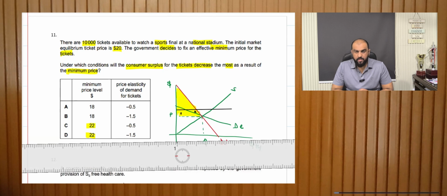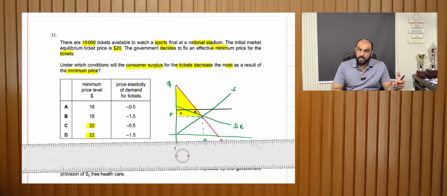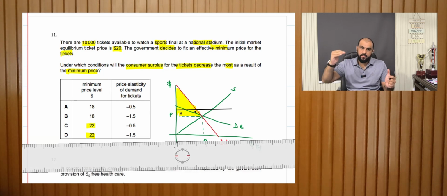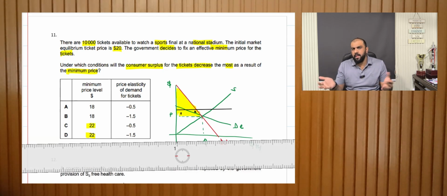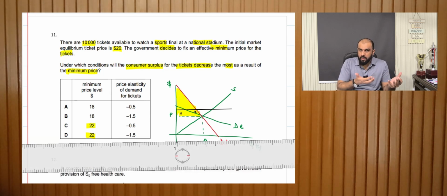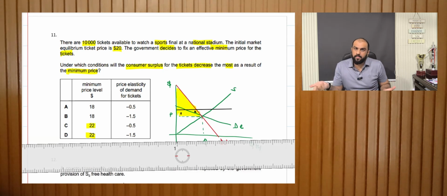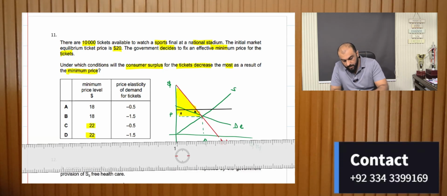And for the inelastic demand curve, we lost the area equal to 1 plus 2. So when the demand curve is inelastic, the consumer surplus is greater. And when we increase the prices, we lose more consumer surplus when the demand is inelastic. It's basically saying a person that has more will lose more if there is a loss. A person who has less will lose less. So that's basically what it's trying to explain.